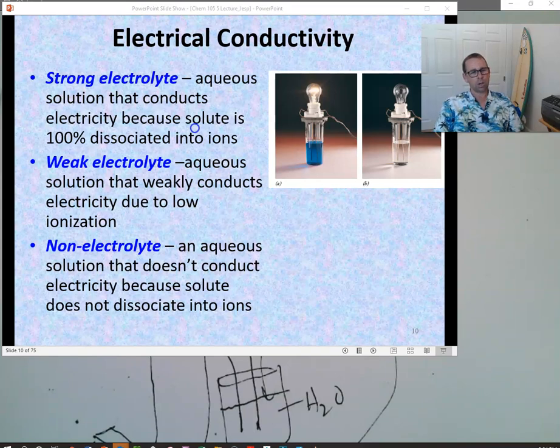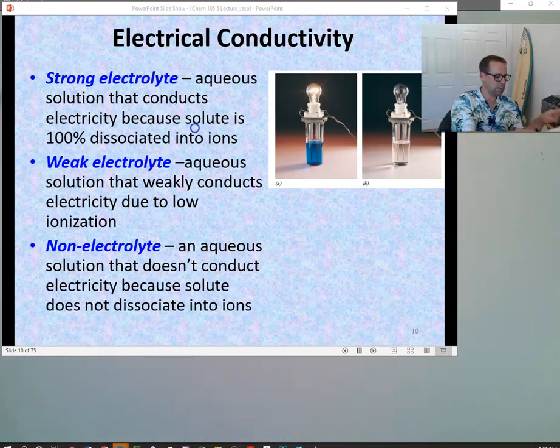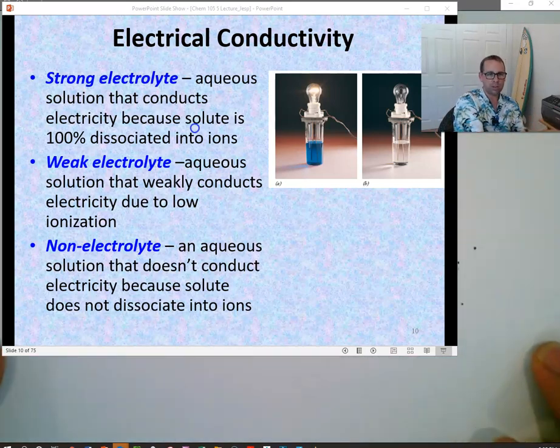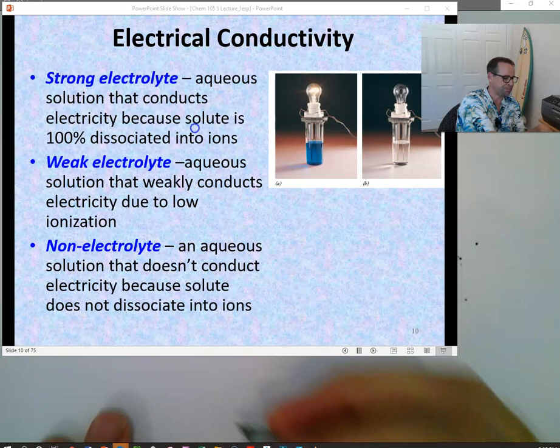Okay, so now we're going to introduce three terms, which are strong electrolyte, weak electrolyte, and non-electrolyte. Okay? And what this means basically is the ability for the compound to result in ions when it's placed in solution.